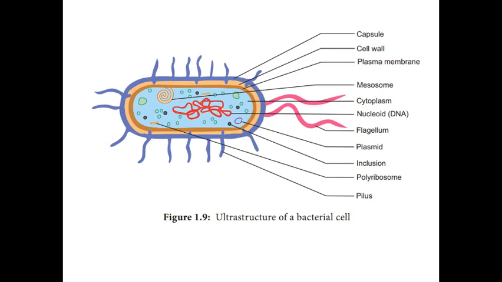And just below the capsule you can see here, this one is the cell wall, right? The bacterial cell wall is granular and rigid, and it provides protection and gives shape to the cell.